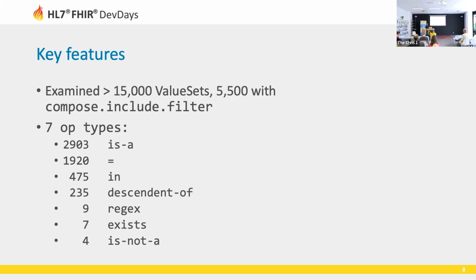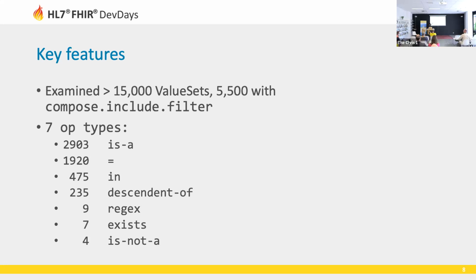5,500 had a filter expression. And then these were the different operator types that I found in those value sets. Some contain multiple of these, right? So that says, well, hierarchy traversal is really important. These are basically attribute equals value type things.